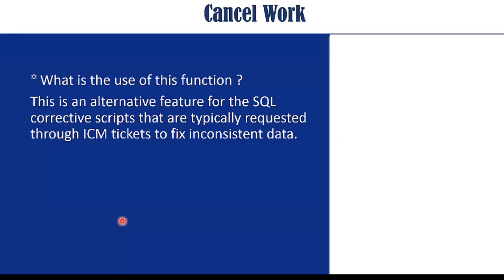So once you create a work, activities are generated. Sometimes, for example, you might have a sales order with 100 over lines to pick, but you might get an issue halfway, or there's an issue and you want to cancel that existing work.